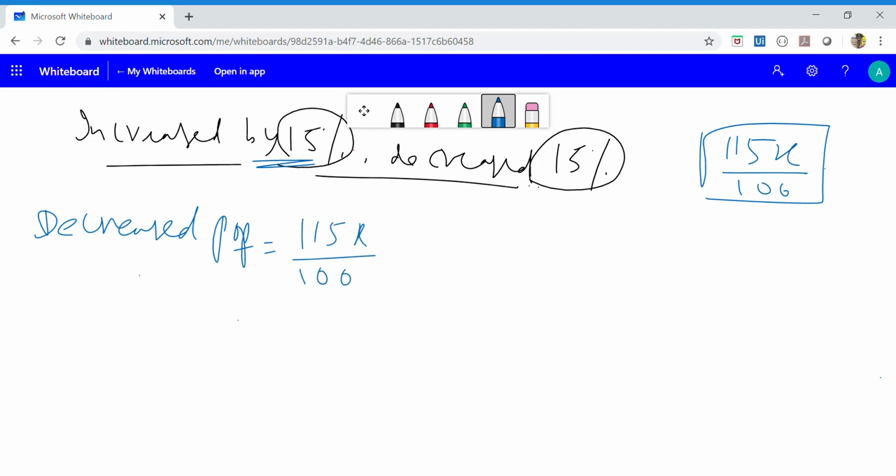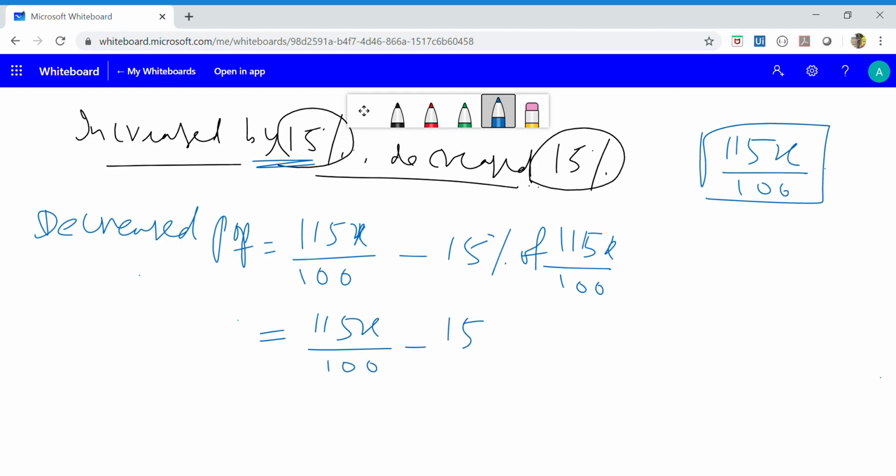Next, for the decreased population, from that you have to subtract 15% of 115x by 100. That means 115x by 100 minus 15 by 100 of 115x by 100.